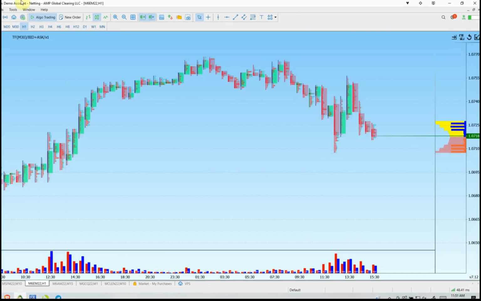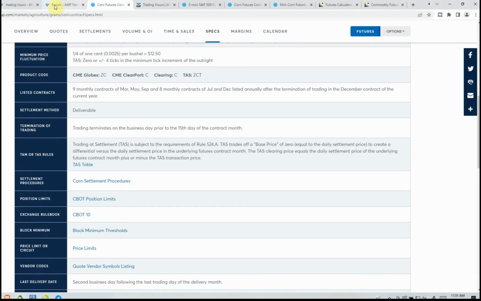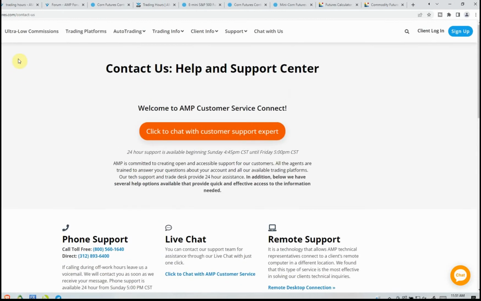this is a MetaTrader 5 platform, and I signed up with AMP Futures. You can't really see my screen, but I'm in the United States.